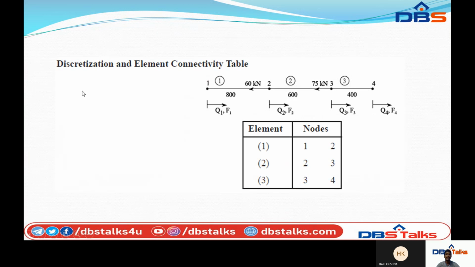First of all, discretization and the element connectivity table. We already know that discretization is nothing but dividing the structure into a number of elements or nodes based on the type of element, size of element, and location of nodes.